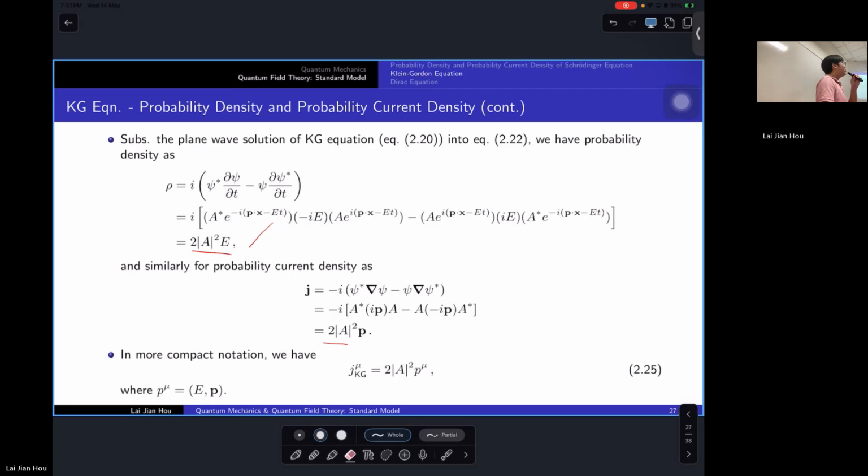Why not discard it? Maybe in the classical sense, measuring the energy is positive, so automatically our intuition will discard the negative energy part.